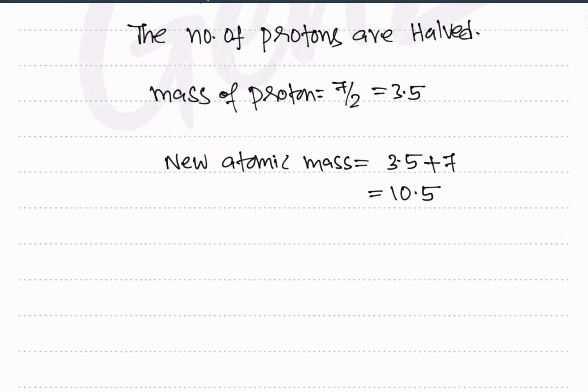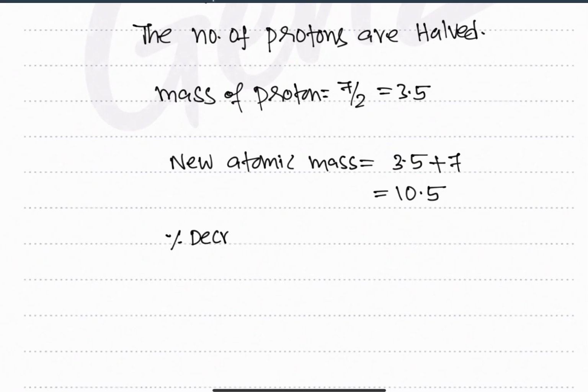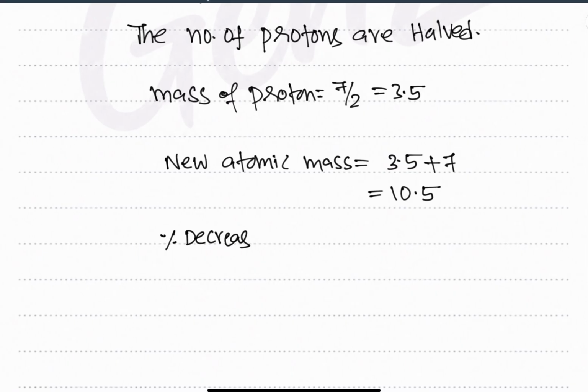Let us see by what percentage it is decreased. Percentage decrease equals 14 minus 10.5 divided by total mass 14, into 100.